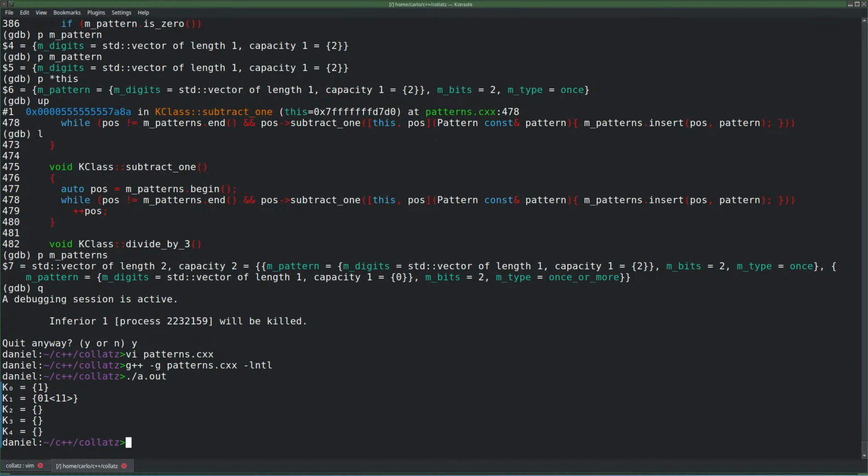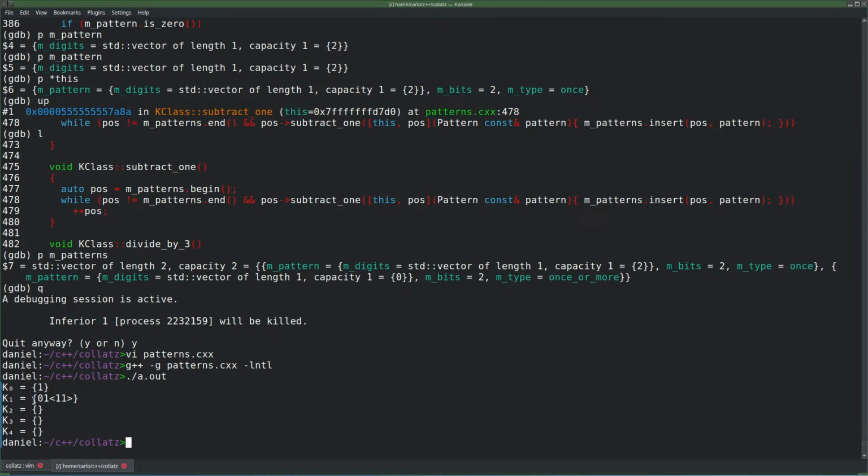Okay, still wrong. This should have been 1, 1. And the reason it should have been 1, 1 is because I think it should have been 4 and then subtract 1.